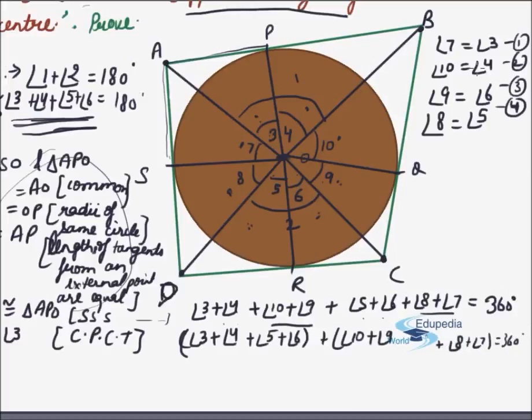Now from these equations, we can substitute different values for these angles, and in place of 10 it will be angle 4, in place of 9 angle 6, and for 7 and 8 it will be 5 and 3. So all in all we will have angles 3, 4, 5 and 6.